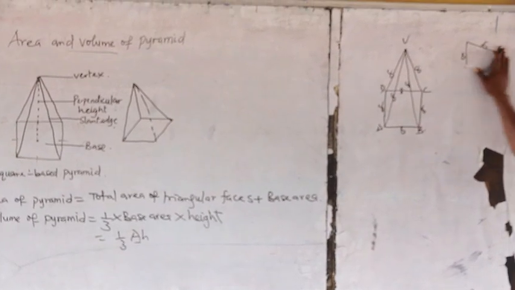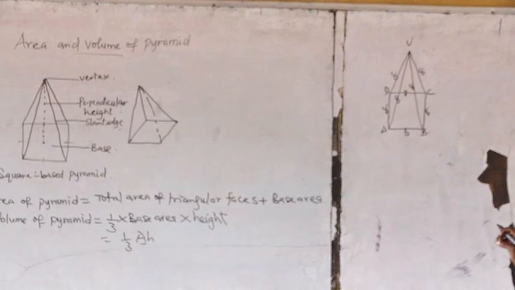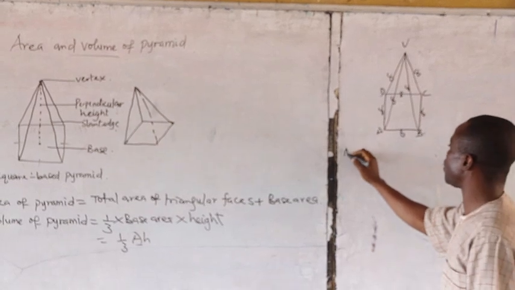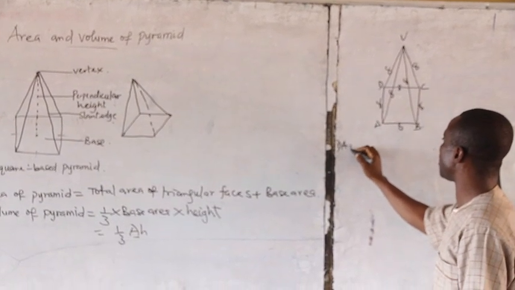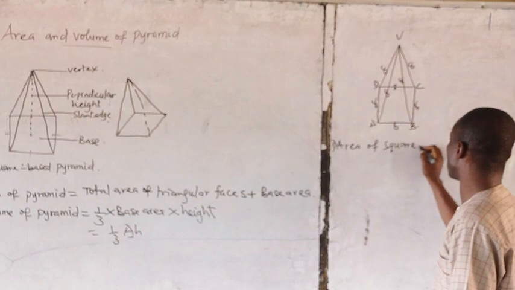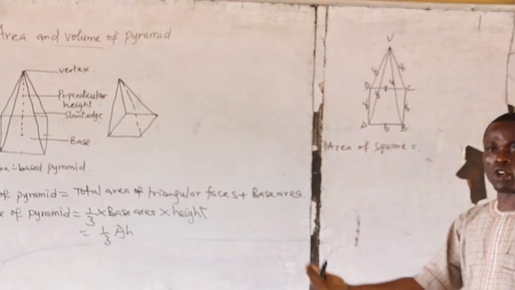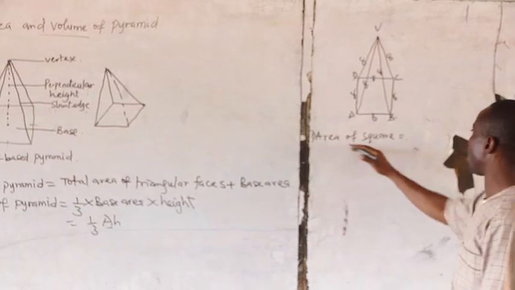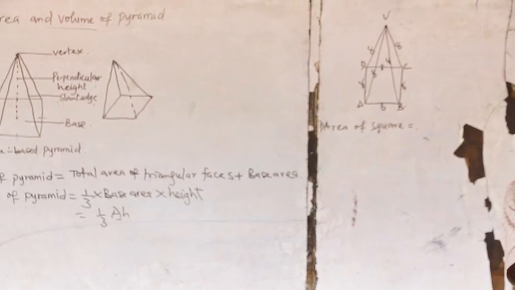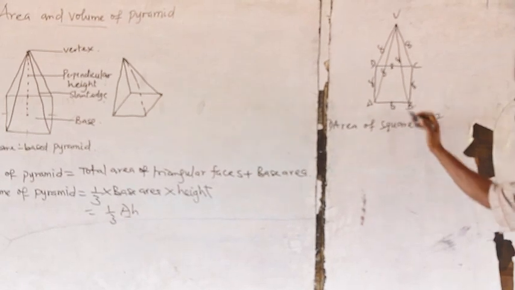Base area of the pyramid. What type of shape is that base? It's a square. That's question 1. Area of a square. Please, when you are solving a question like this, don't just write the answer. At least write A equals. The area of a square is L squared, where L is the side of the square.